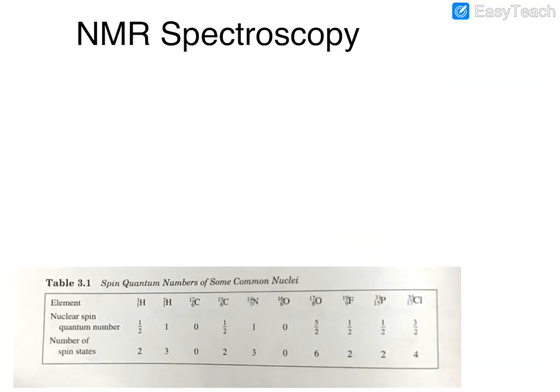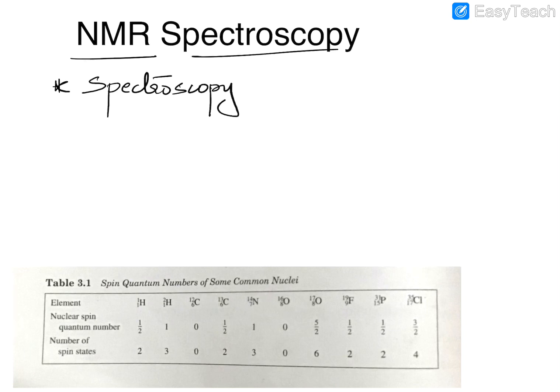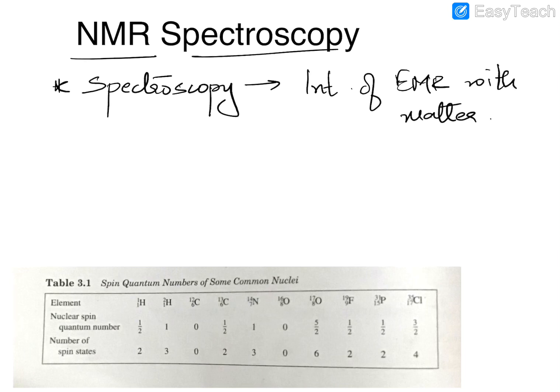Okay, so let's get started. Before we get started with any spectroscopic technique, one thing that is fundamental for us to remember is that spectroscopy is just a branch of science that deals with interaction of electromagnetic radiation with matter, and that is fundamental to all spectroscopic techniques.